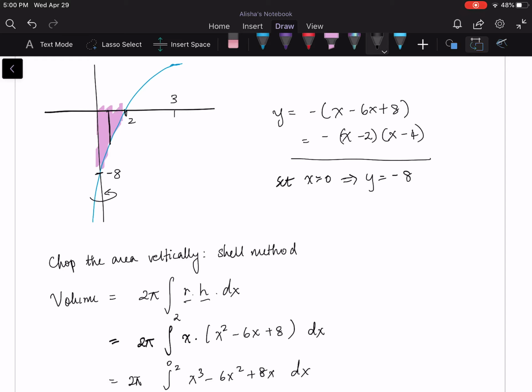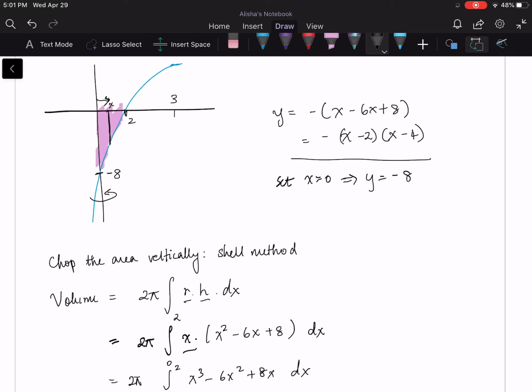The radius r is just this distance. Sorry, let me draw that out again. It's at that point x, it's just the distance from my axis of rotation, so it's just x. I should label that point x.